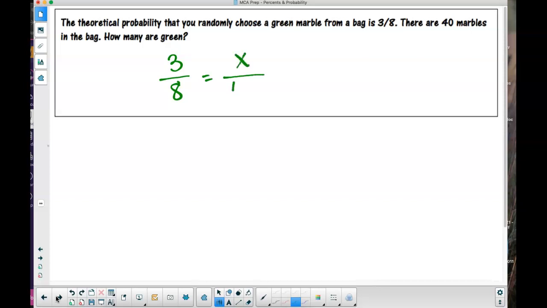How many out of 40 would be green? We can solve the proportion. If 3 out of 8 are green, how many out of 40? What do you get? Go ahead. 15. So 15 marbles are green. Okay? Questions there? All right.